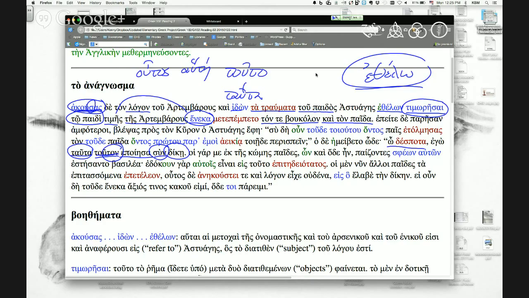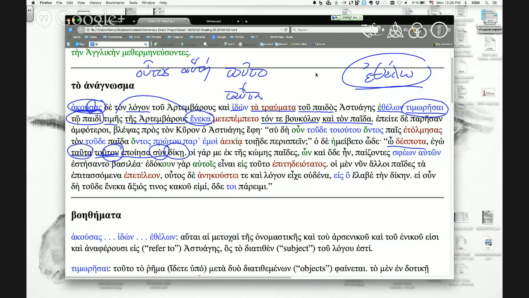Any other questions? Justin? I was wondering what the word ontos is doing. It shows up multiple times in the question in line 3.